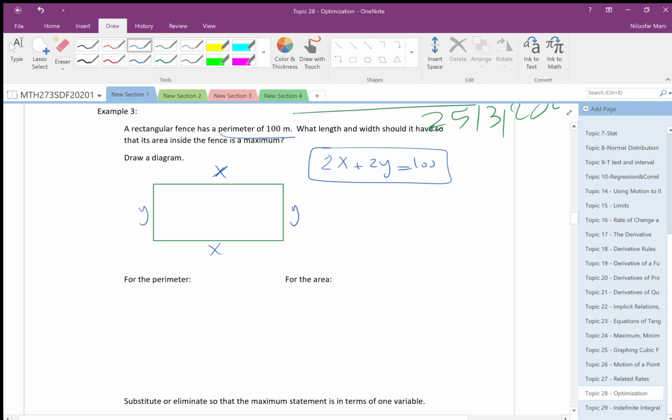Then what do I want to make maximum or minimum? I want to make the area maximum. So the situation is like this: I give you a 100-meter fence, and I tell you you can make a land with that, and the land is yours.